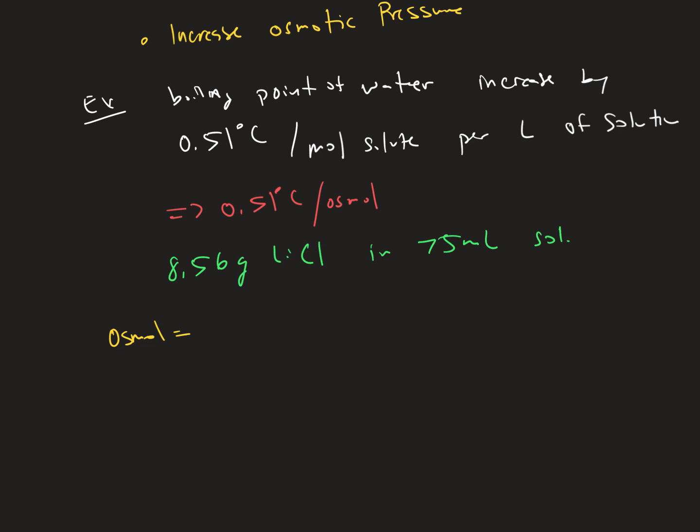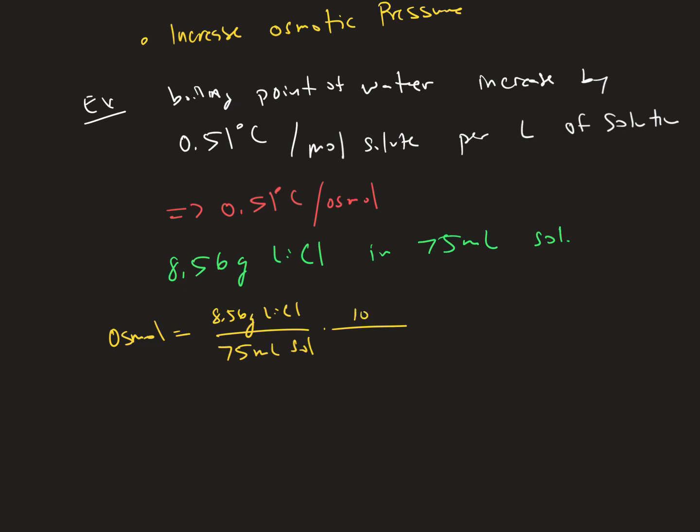It's just a concentration, amount of solute over amount of solution, right? 8.56 grams of LiCl over 75 milliliters of solution. Are we good with those units? No, we got to convert milliliters to liters.